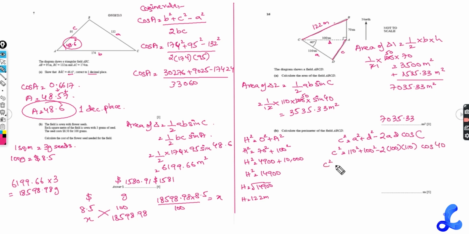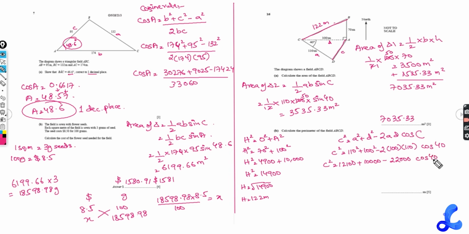So c square equals 110 squared: 11 square is 121, and then all you do is put two zeros. 100 square is 10,000, minus 2 times 110, which is 220, and 22,000 because you put two other zeros over here.